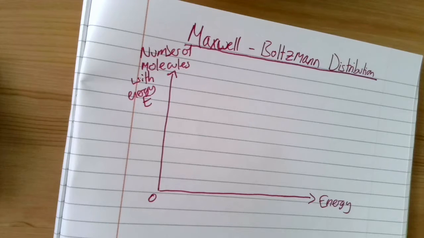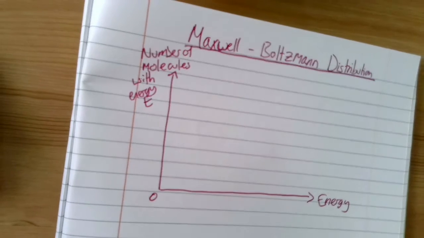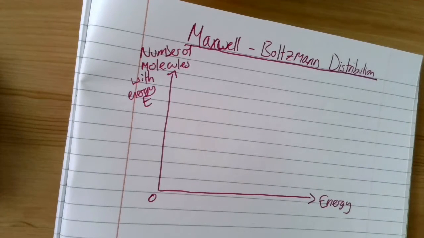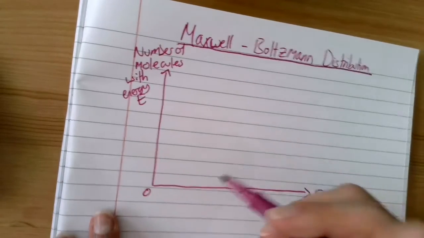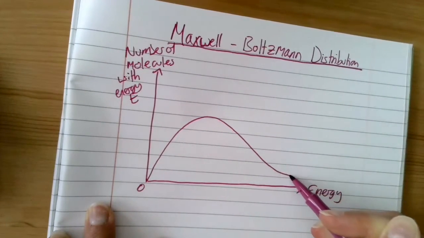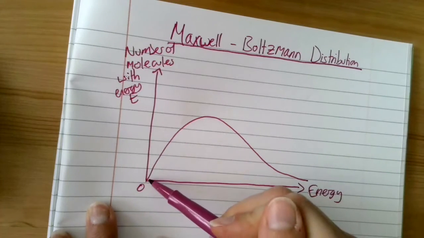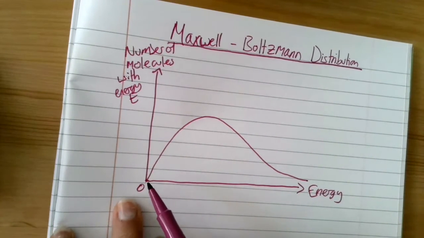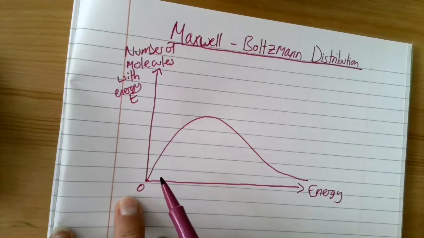Okay, so with our Maxwell-Boltzmann distribution, it's a graph showing our number of molecules on our y-axis against our energy along our x-axis. When we have our Maxwell-Boltzmann distribution, it always starts at 0, as there are no molecules with an energy of 0.